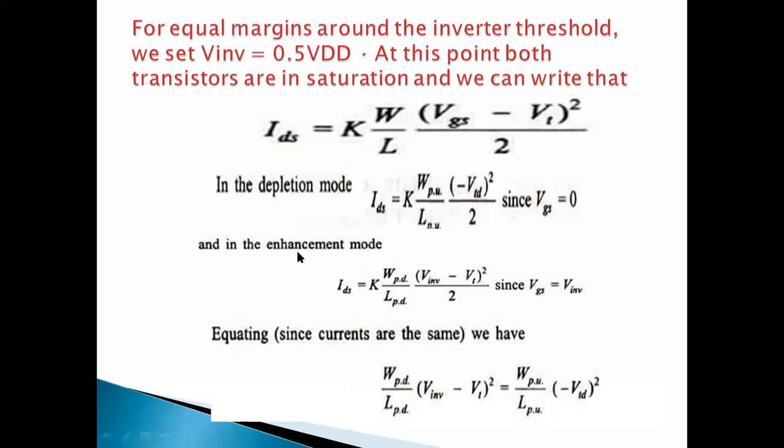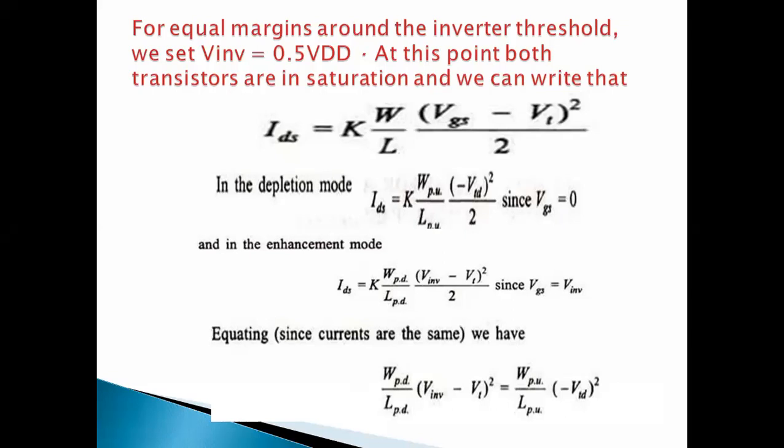Next is the enhancement mode device. Here we have two transistors: one is the depletion mode and the second is the enhancement mode. The first expression is for the depletion mode device, and the second is the output current for the enhancement mode device. The depletion mode transistor is called the pull up device, and the enhancement mode transistor is called the pull down device.